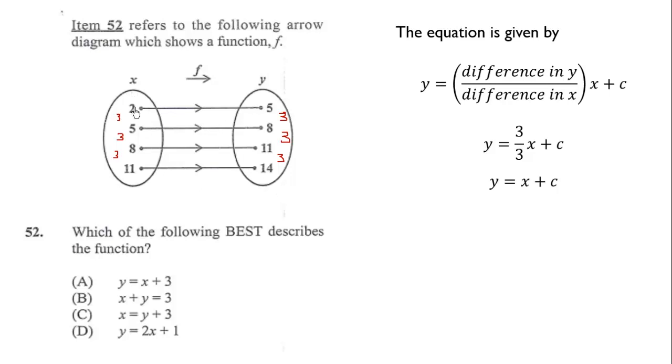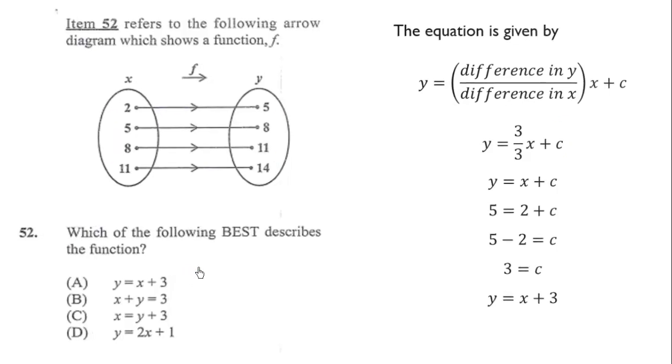For simplicity's sake, let's pick (2, 5). So we substitute 5 for y and 2 for x. Then we solve for c to get c is equal to 3. Now we substitute the c back to get y is equal to x plus 3. So that is the equation, y is equal to x plus 3. So 52, answer is A.